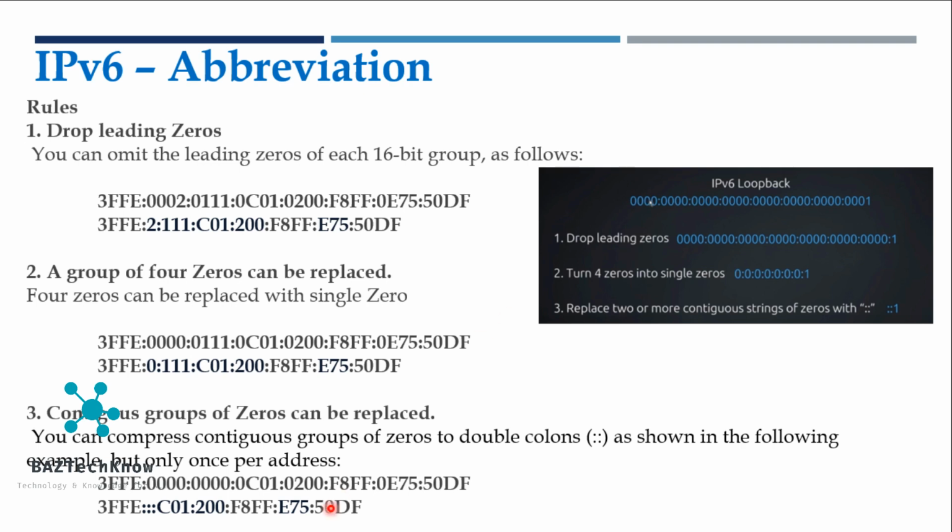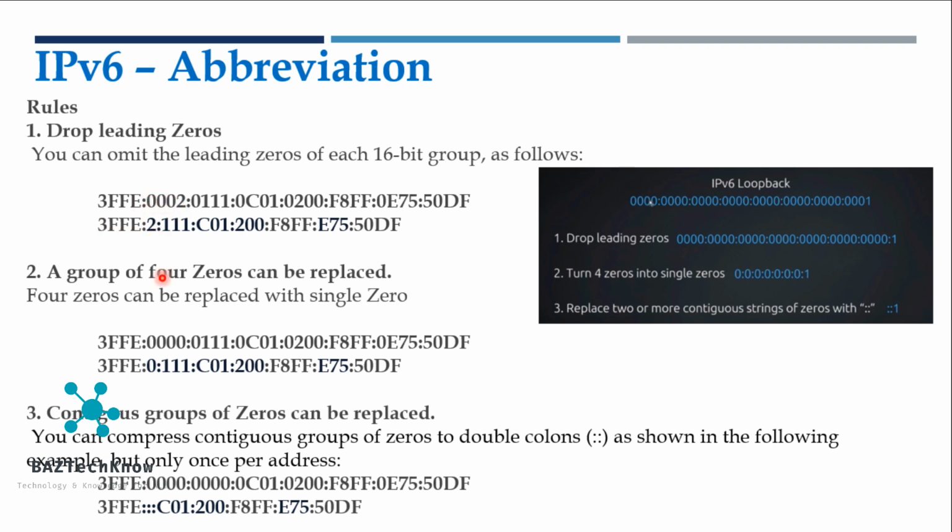So in this example, 3fae:0002:0011:0c01, and so on, I can write 3fae and then 2, because I know the leading zeros can be omitted.